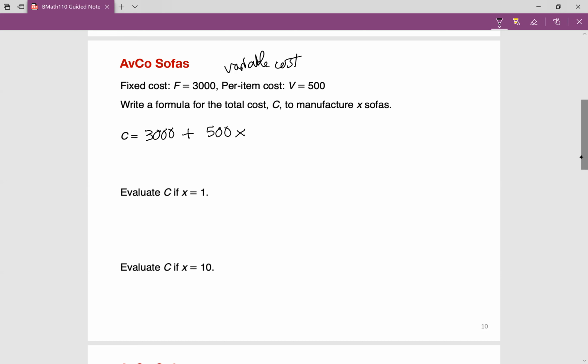And you can see that this is exactly a linear equation, right?